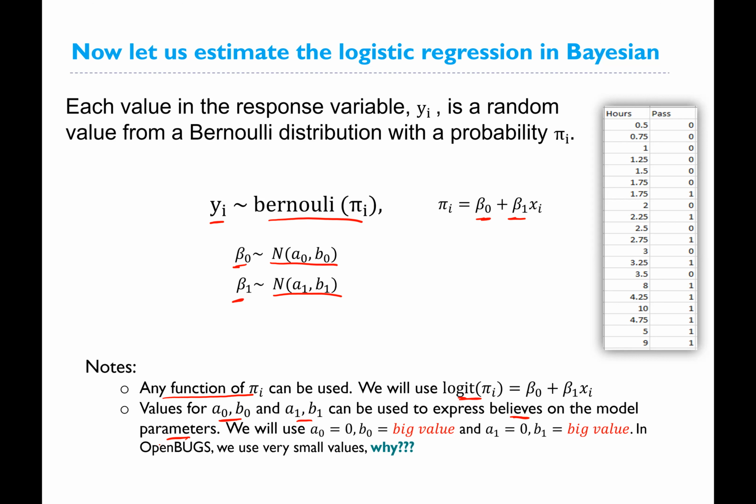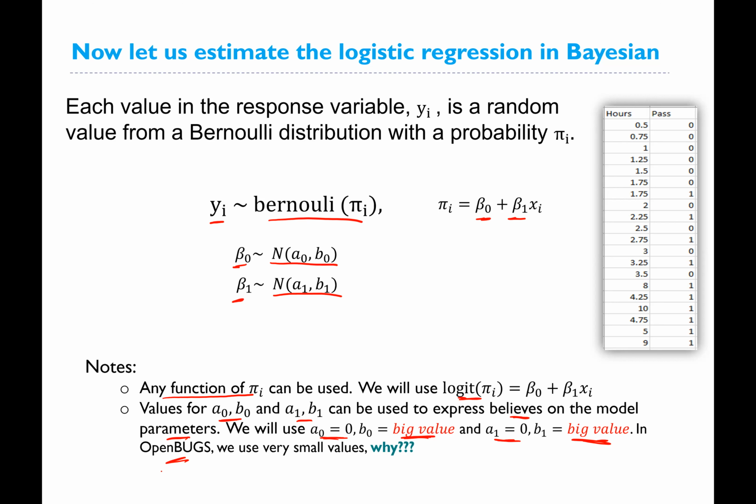Or if there is no information, use A0 equals 0 because you don't know whether beta 0 is negative or positive. Use A1 as 0 because you don't know whether beta 1 is negative or positive. But use a big value for B0 and a big value for B1 if you have no information, because a bigger value for the variability means a big uncertainty, which means less precision.